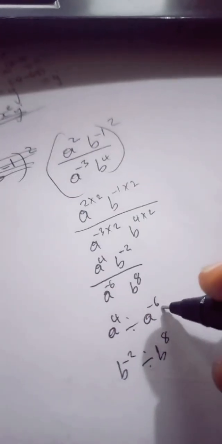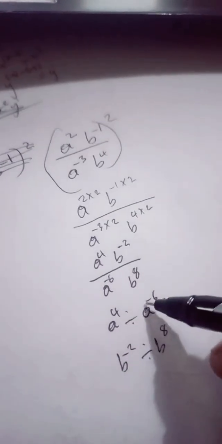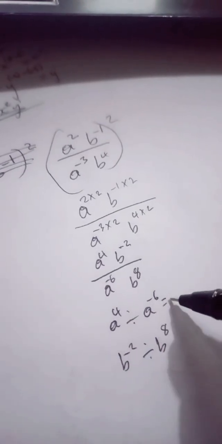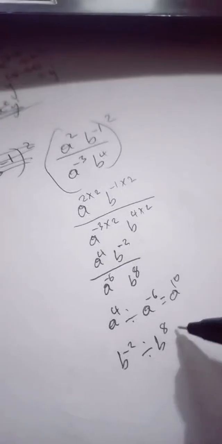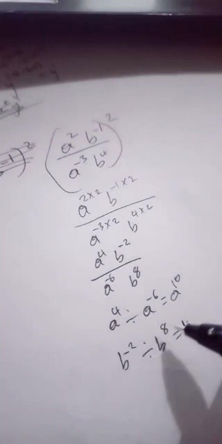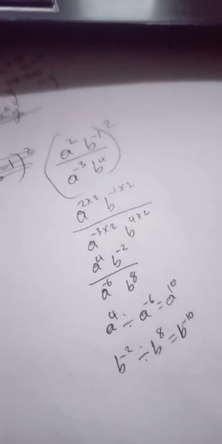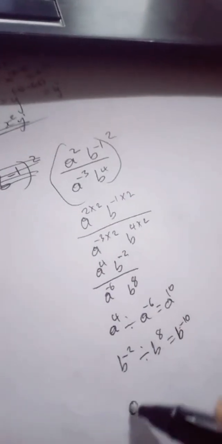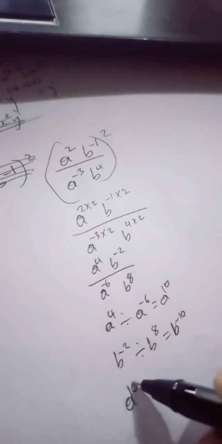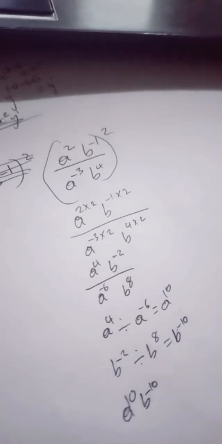So we are going to say 4 minus negative 6, which is a to the power 10. B to the power negative 2 minus 8, negative 10. So our answer is going to be a to the power 10, b to the power negative 10.